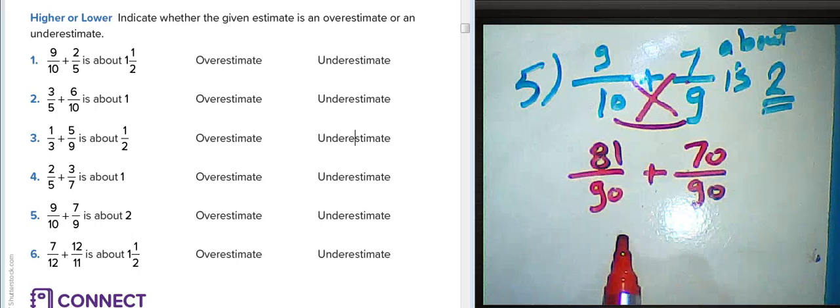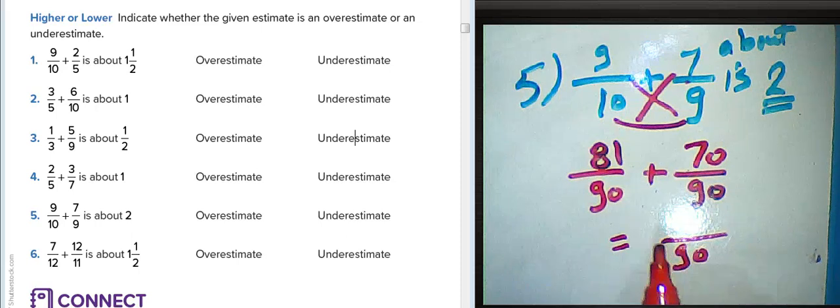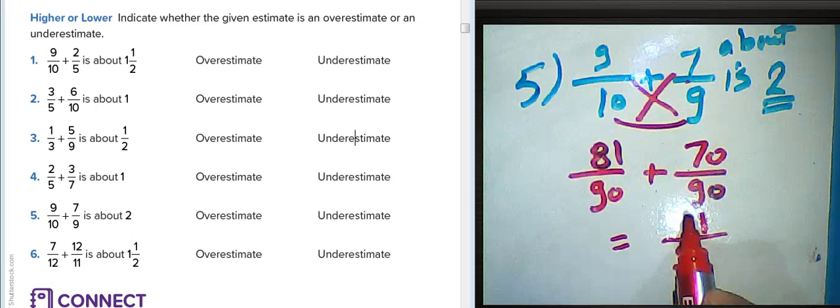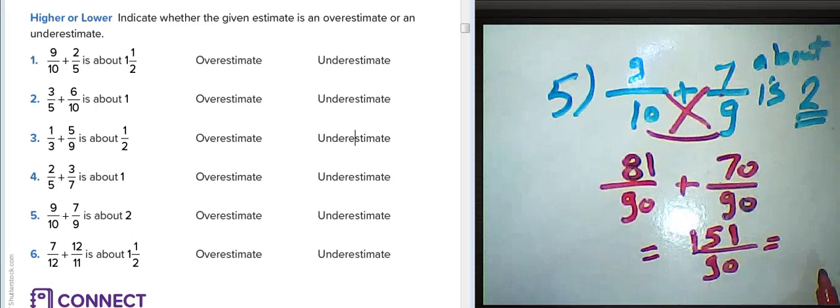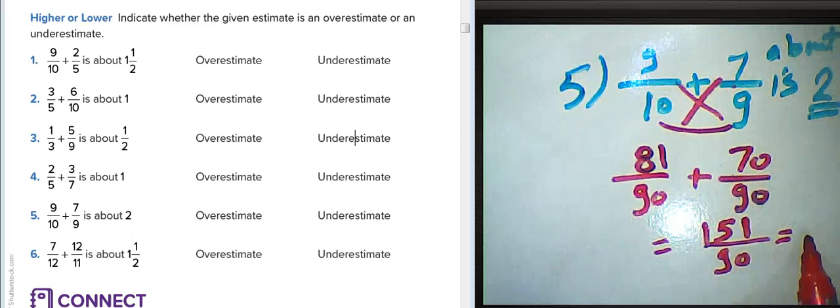And we can find the sum of them by writing 90 in the denominator. 0 plus 1 equals 1. 7 plus 8 equals 15. Okay, and then we can simplify it because we have an improper fraction. We can convert from an improper fraction to a mixed number.